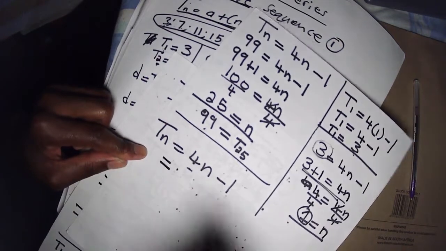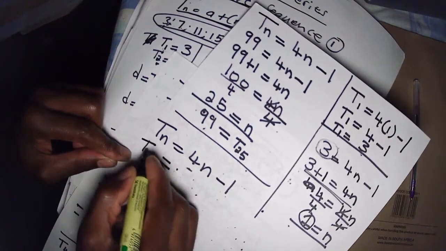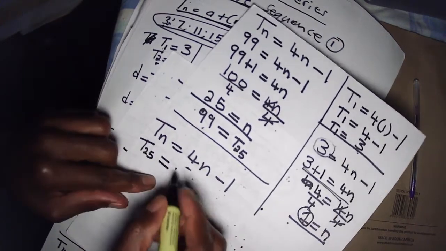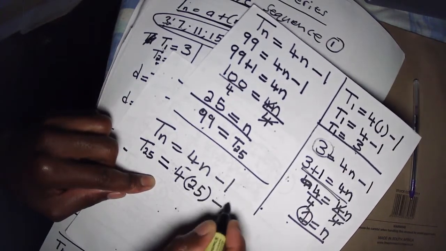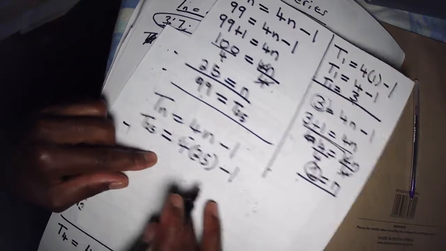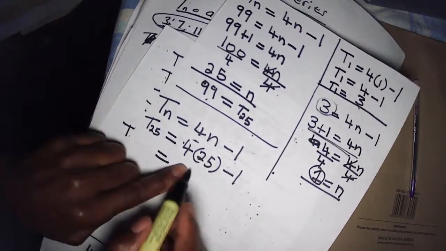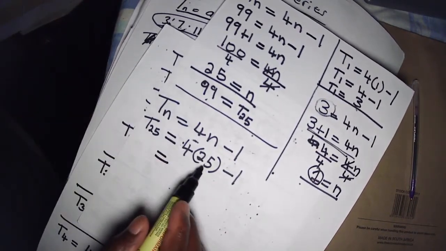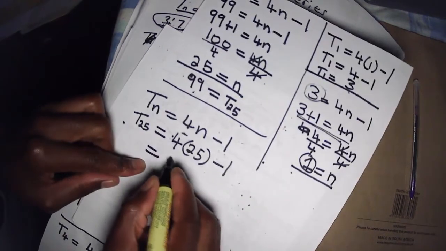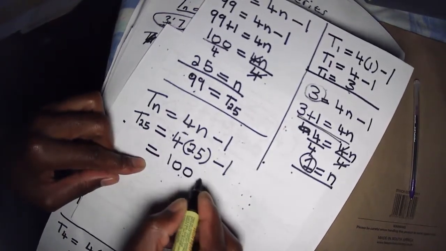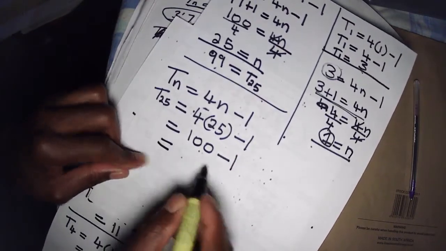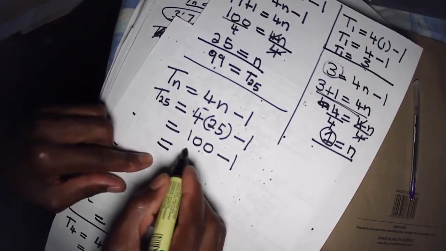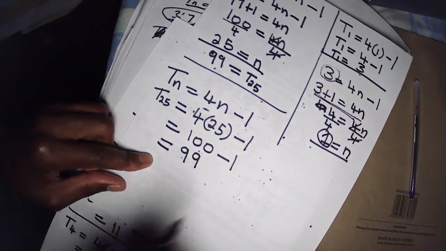Let's do that. Sub T25, so 4n is 4 times 25, subtract 1. 4 times 25 is 100, subtract 1, you get 99.